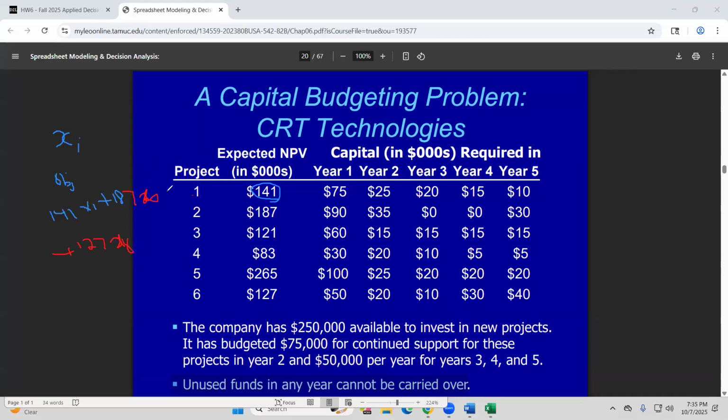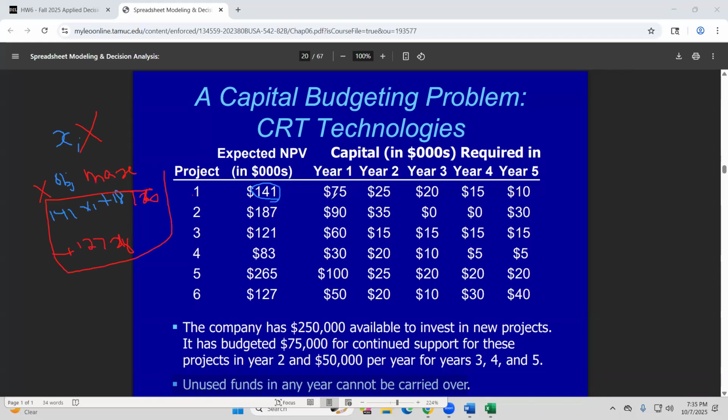Do you all agree? So this is going to be the objective function. Its type is maximization, right? So you want to maximize whatever we get, right? Okay. So we address the objective function and decision variables.